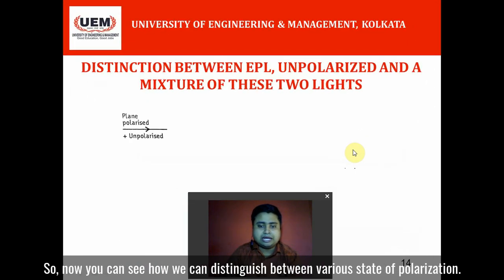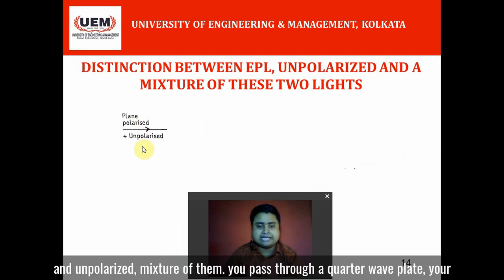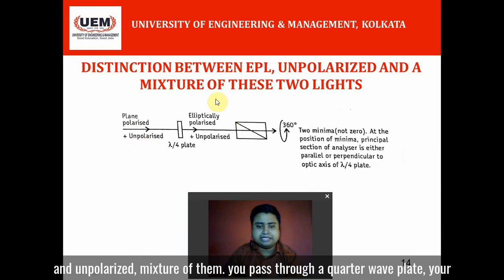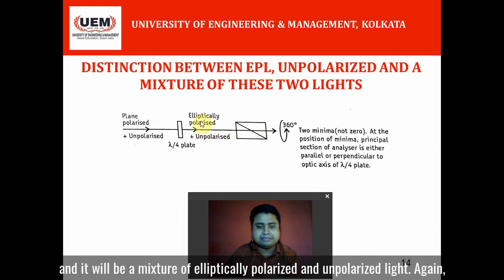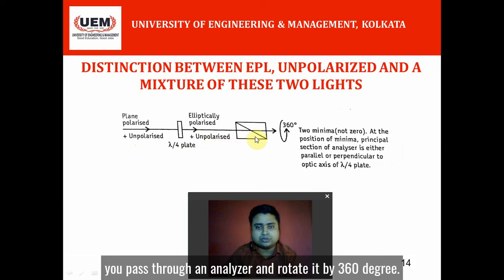So now you can see how we can distinguish between various states of polarization. Now you have a mixture of plane polarized and unpolarized light. You pass it through a quarter wave plate. Your plane polarized light will become elliptically polarized, so it will be a mixture of elliptically polarized and unpolarized light. Again you pass it through an analyzer and rotate it by 360 degrees.